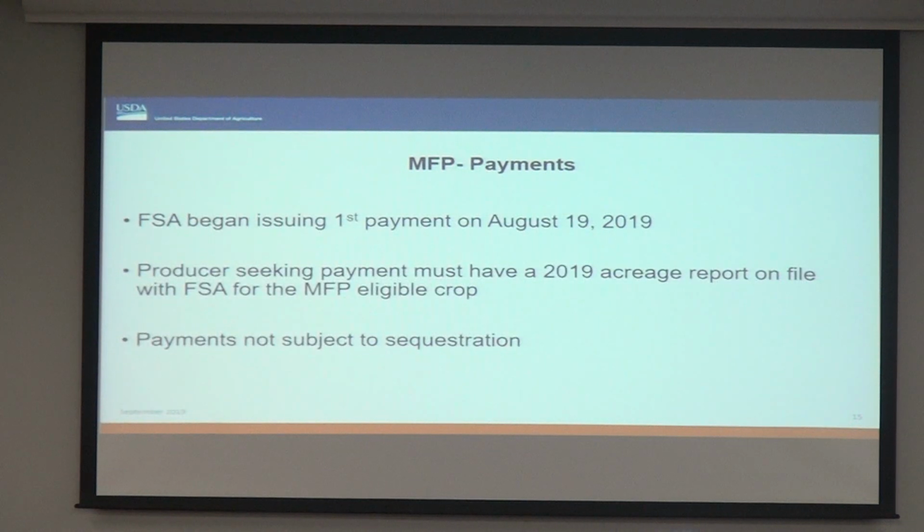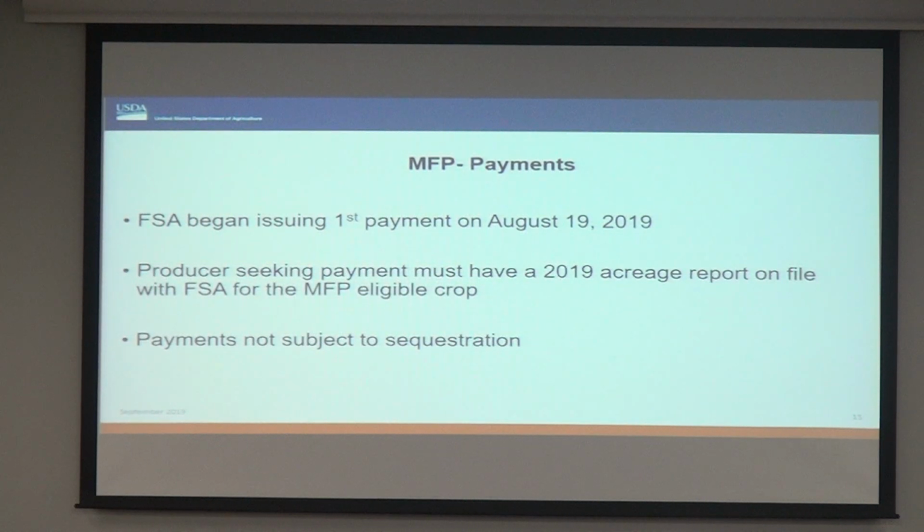We began issuing payments as soon as the payment software opened up on August the 19th. FSA started issuing payments. And producers, if you're seeking to get a payment on a covered commodity, you must have an acreage report for that commodity, a 2019 acreage report.